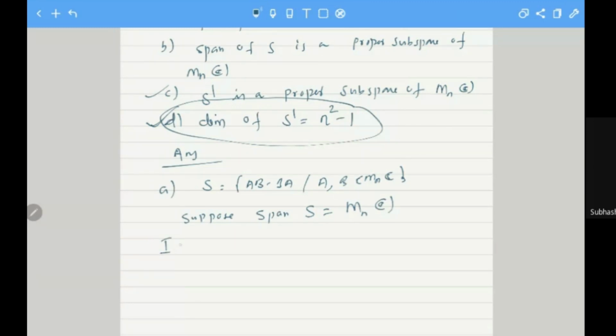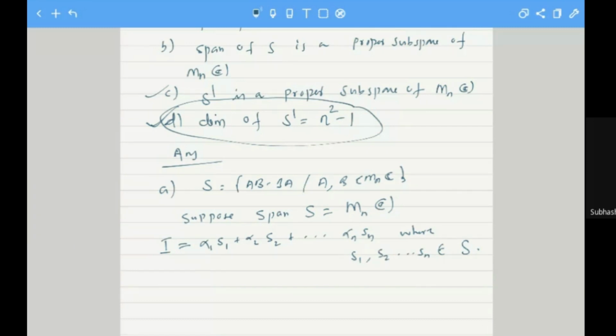I can write identity as alpha 1 S1 plus alpha 2 S2 plus etc. alpha n Sn, where S1, S2, etc. Sn are elements of S. This is possible, right? Is it clear?